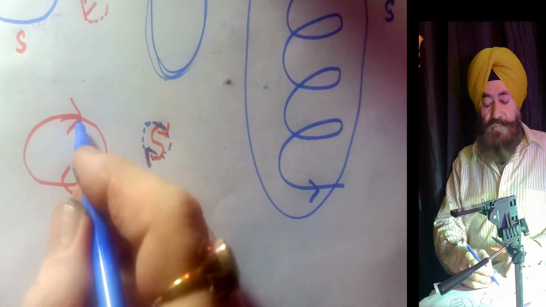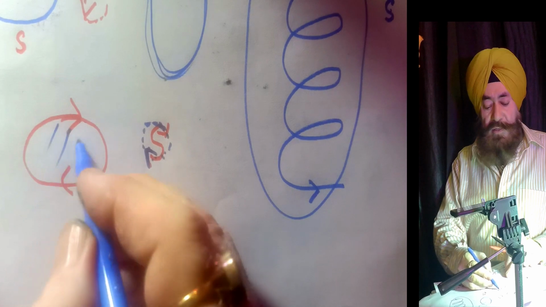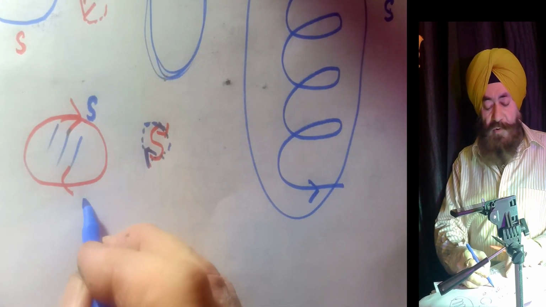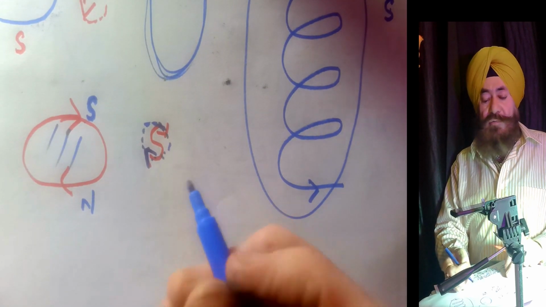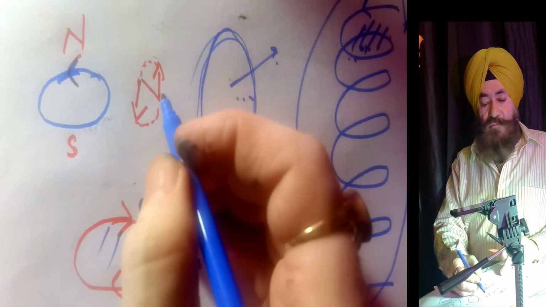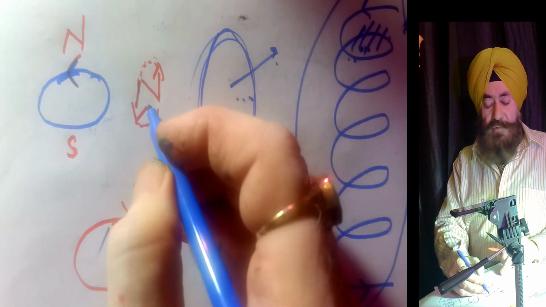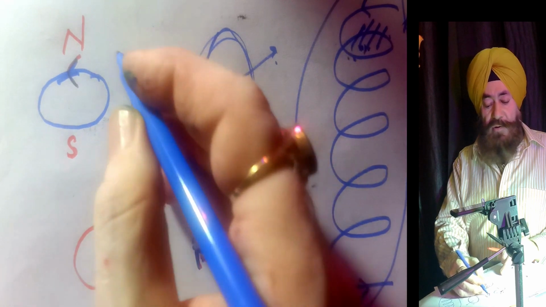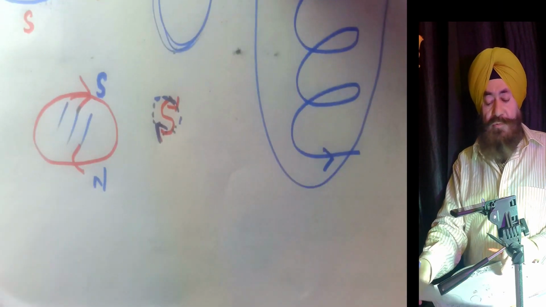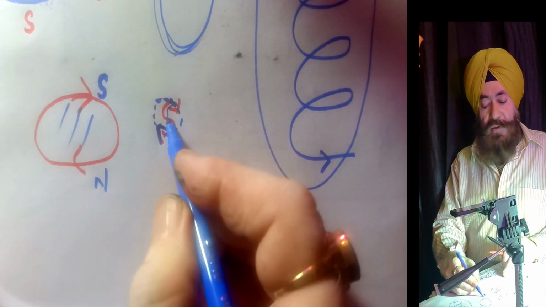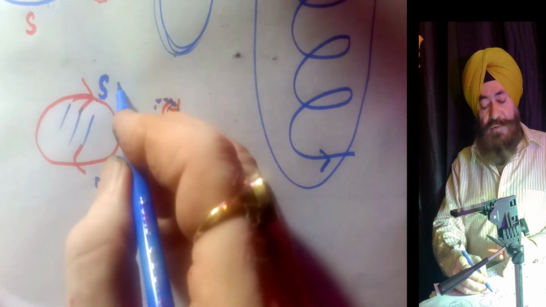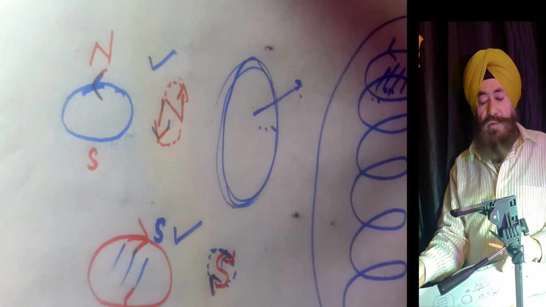If the current is clockwise, the face behaves like a south pole, and from below it will be north. Remember, to know about north, you put arrows anti-clockwise, meaning north, and for south, arrows clockwise, then it behaves like a south pole. Okay, this is all. Thank you very much.